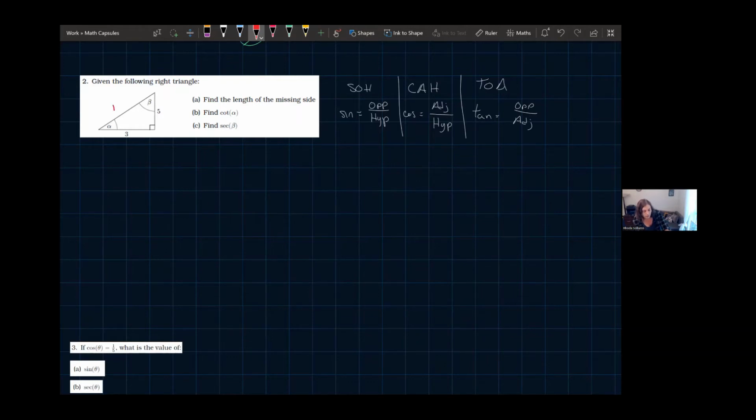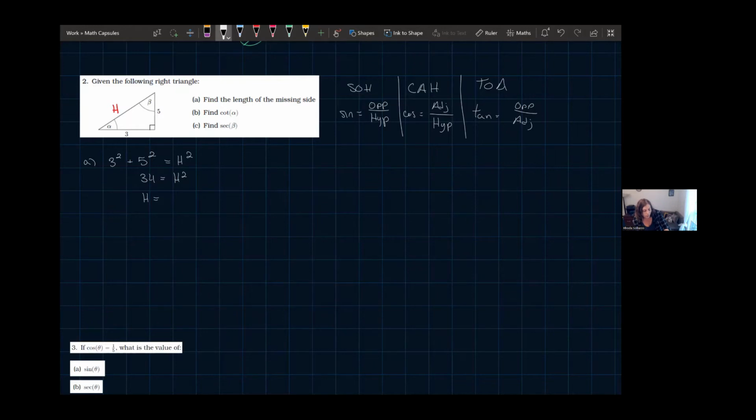If I call this missing side H for hypotenuse, then the Pythagorean theorem says that the 2 legs, their lengths squared, or O and A, if you want to think about it that way, adds up to the length of the hypotenuse squared. So if I calculate that out, I have 9 plus 25 is equal to the length of the hypotenuse squared.